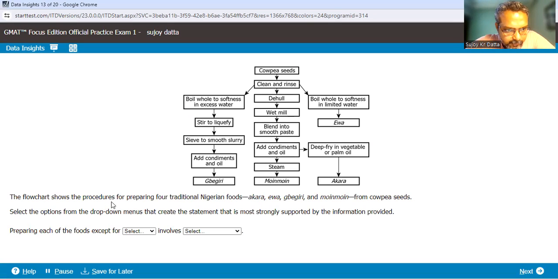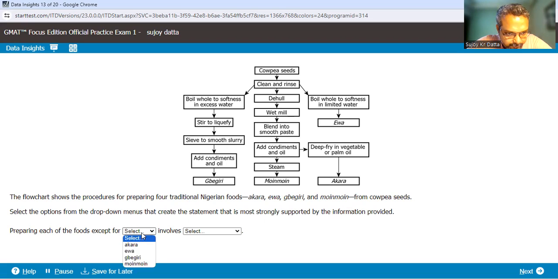All right, the flow chart shows the procedure of preparing 4 traditional Nigerian foods. All right, so the options create the statement that is most strongly supported by the information.